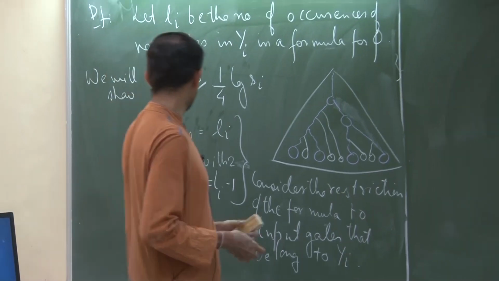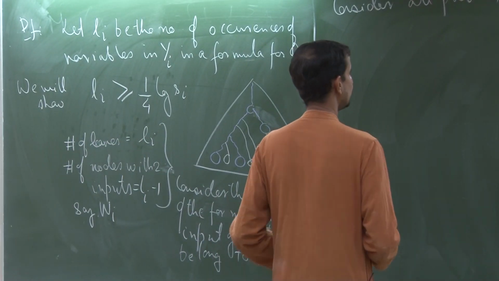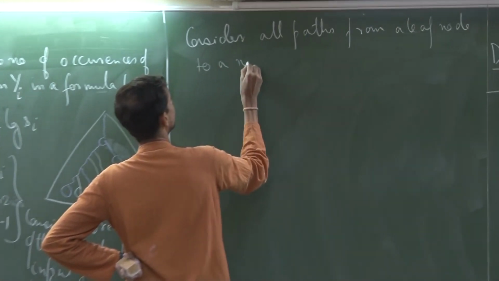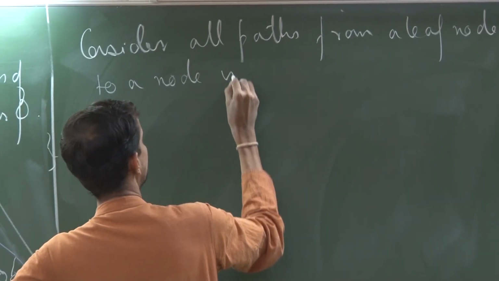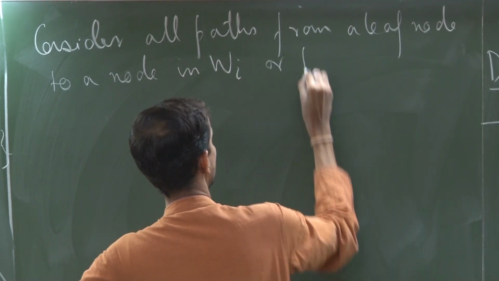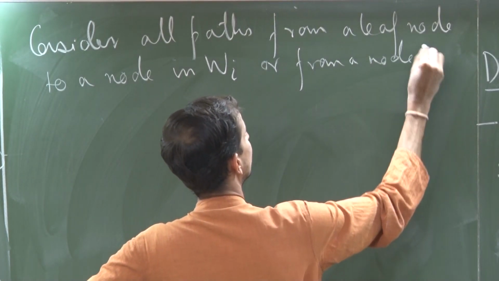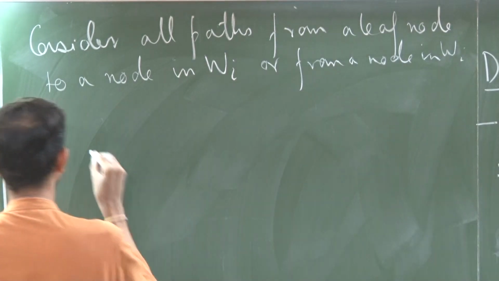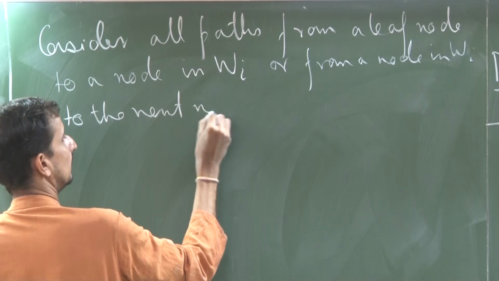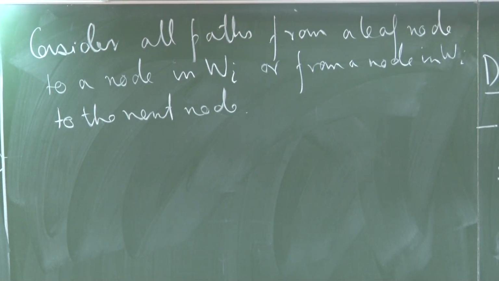All these nodes with 2 inputs, let me call them wi. So, consider all paths from a leaf node to a node in wi, or from a node in wi to the next node. Essentially, look at all these paths.